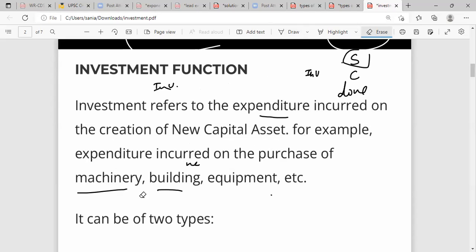Yes, ma'am. Okay. So quickly you'll write investment function and then you will write what investments are.